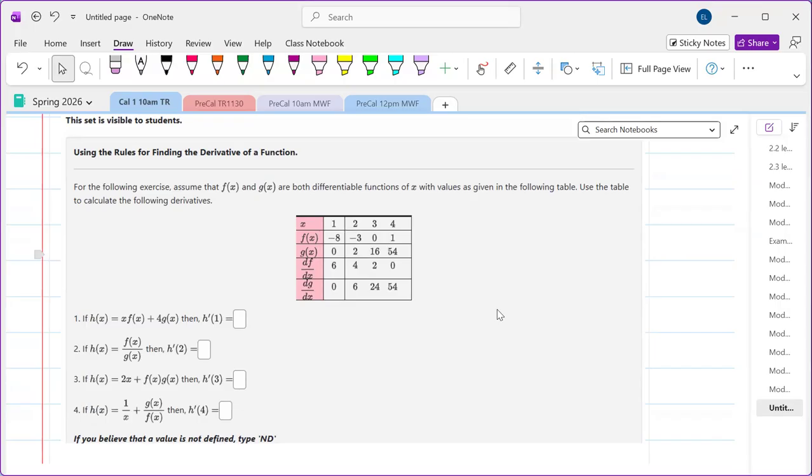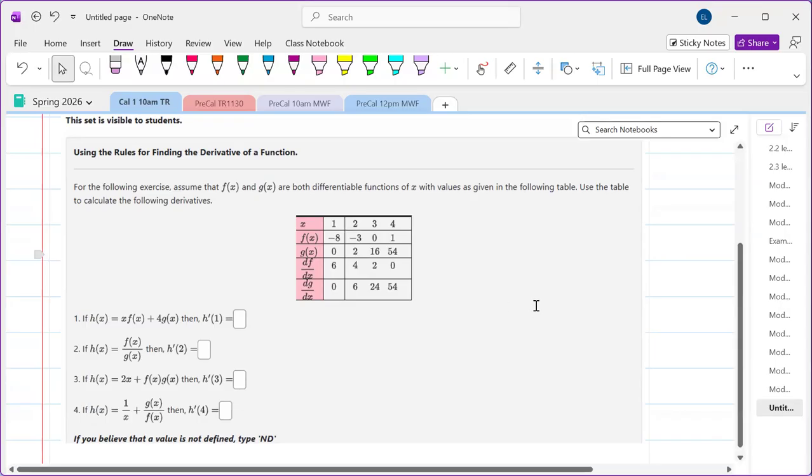So our first question is, if h of x is x times f of x plus 4 times g of x, then figure out what h prime of 1 is. All right, so we're going to ignore the fact that it's saying of 1.